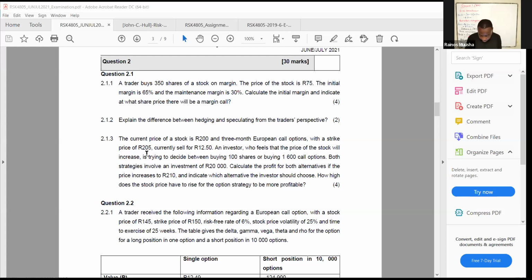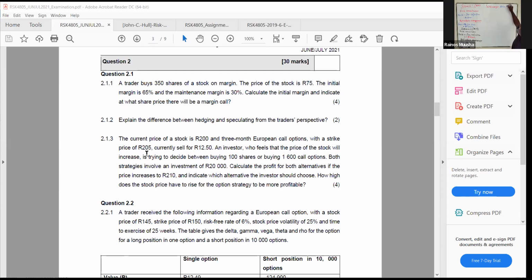So given this information, the initial margin is going to be given as, they tell us that the price of the stock is equal to 75 rand.